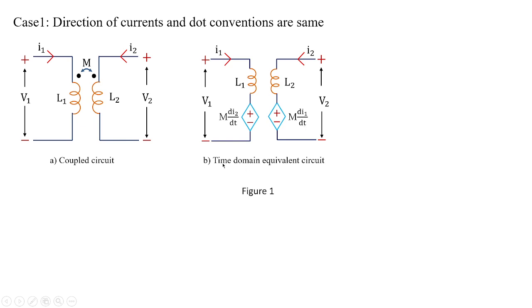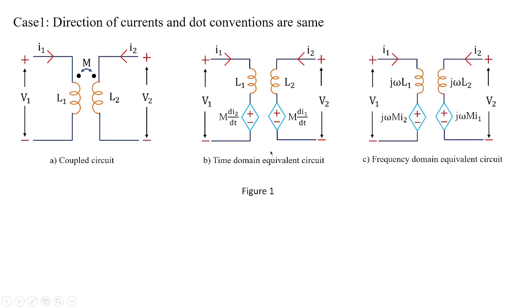I hope you understood this time domain equivalent circuit based upon these directions of the dots and the directions of the currents. Once we are done with the time domain equivalent circuit, it is easy for us to obtain the frequency domain equivalent circuit. Here in the frequency domain equivalent circuit, only the differential currents are changed to I1 and I2, whereas the inductance parameter is taken in terms of reactance.